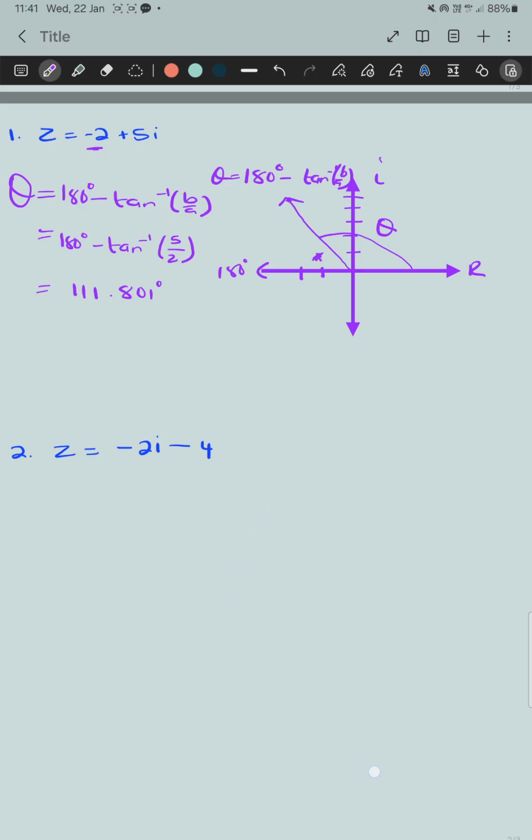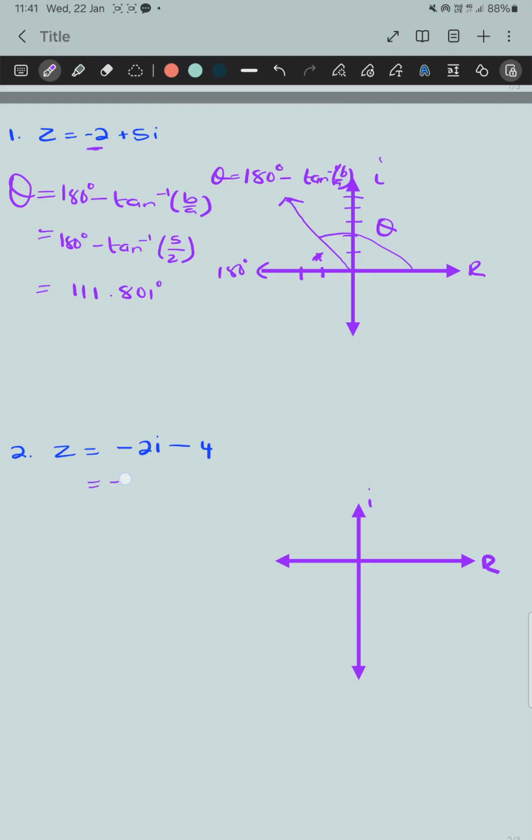Going on to the second example. All right, I'm still with you. Now I'm looking at minus 2i minus 4. First and foremost, it's not in proper rectangular form because the imaginary number comes before the real number. I must first put it nicely.